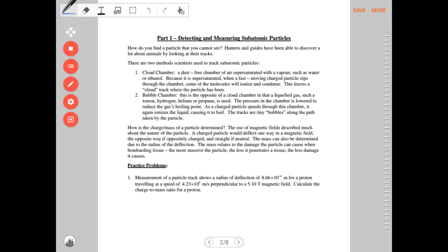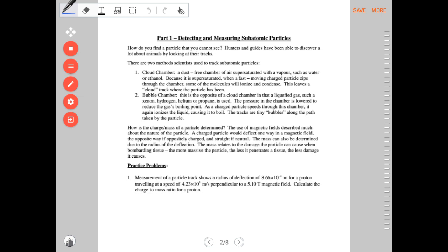The pressure in the chamber is lowered to reduce the gas's boiling point. As a charged particle speeds through this chamber, it again ionizes the liquid, causing it to boil. The result, or the tracks, are then tiny bubbles along the path taken by the particle.